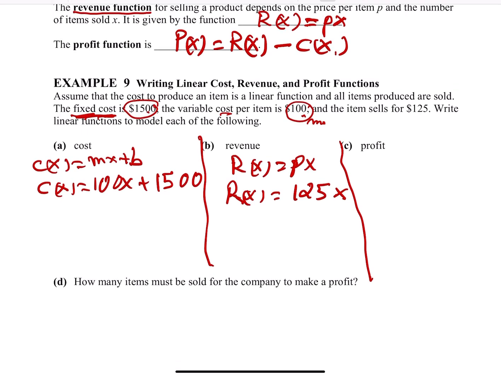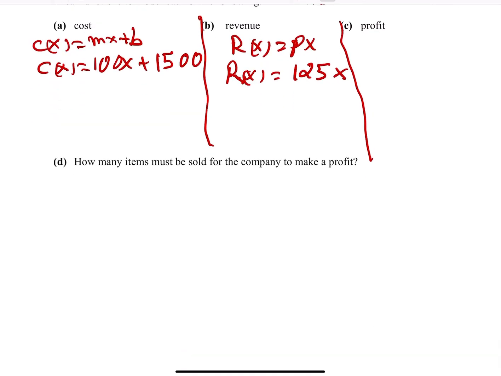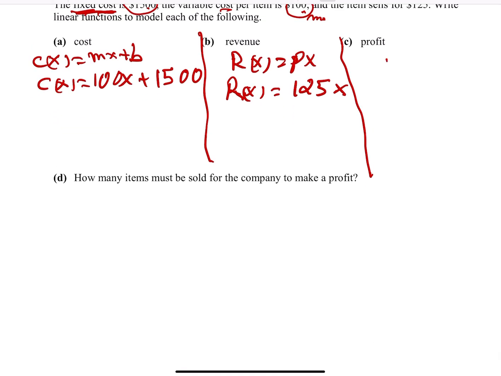Now the next is the profit. Write down the formula first. The formula is just P(x) is R(x) minus C(x). And just replace it, since you know it's 125x minus parenthesis 100x plus 1,500.